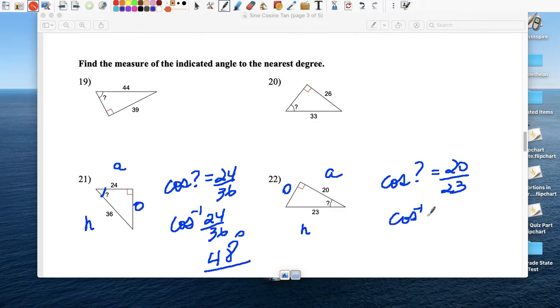So in order to find the angle, let's enter that. The second function pi cosine, inverse cosine is 4. Nope, it's 5. And then we enter 20 over 23, and we get the angle is 30 degrees. That's the closest angle.